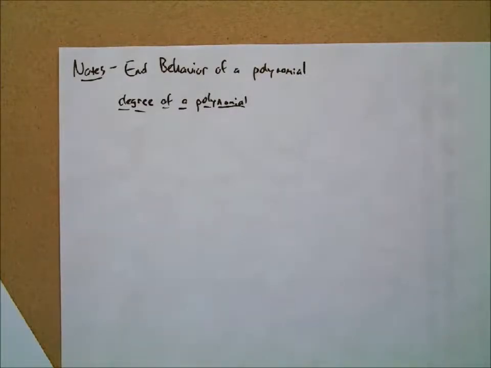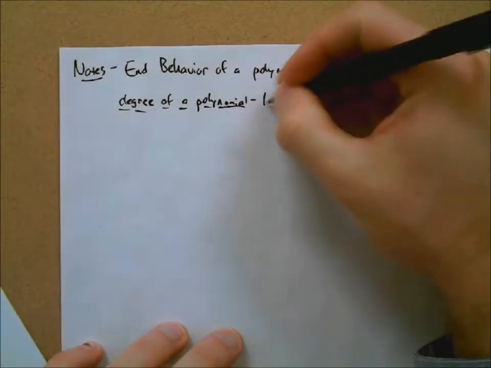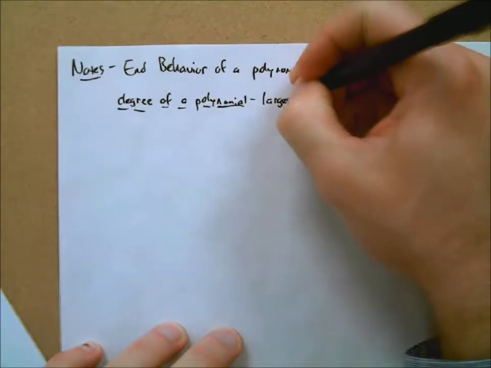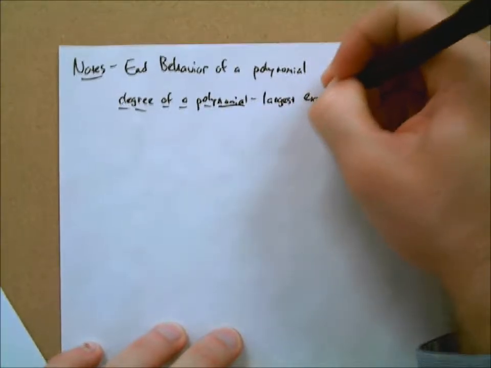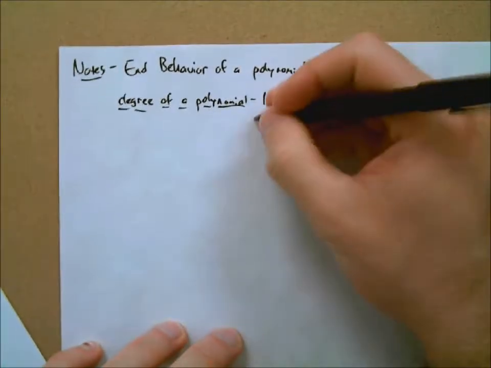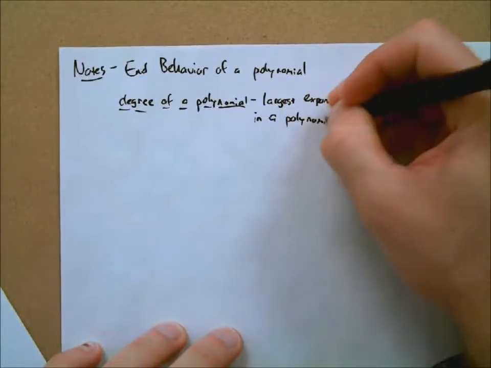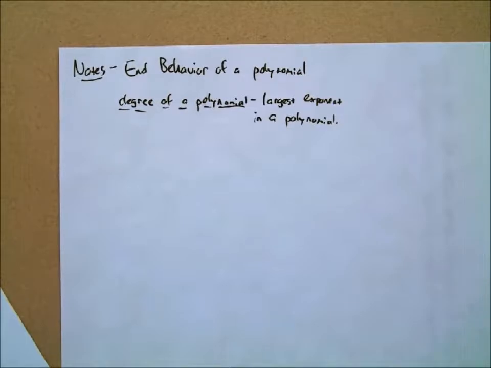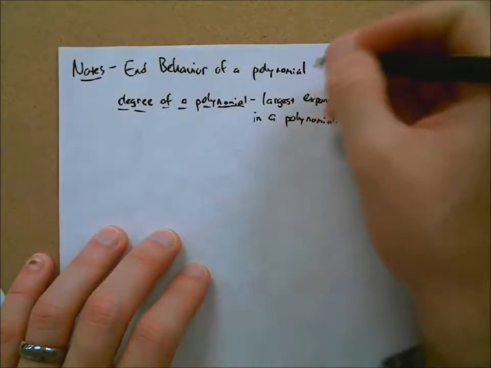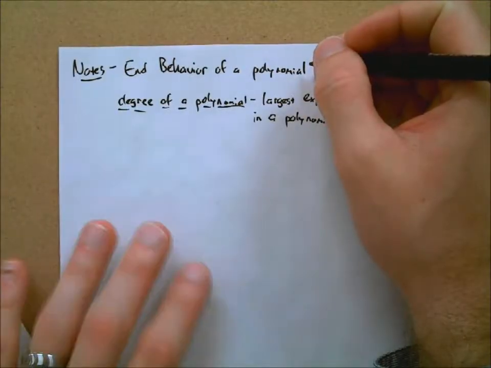Yep, and in this case, it's the largest exponent in a polynomial, in standard form, I guess. So there are 2 things that affect the end behavior of a polynomial, 2 things that factor into it.